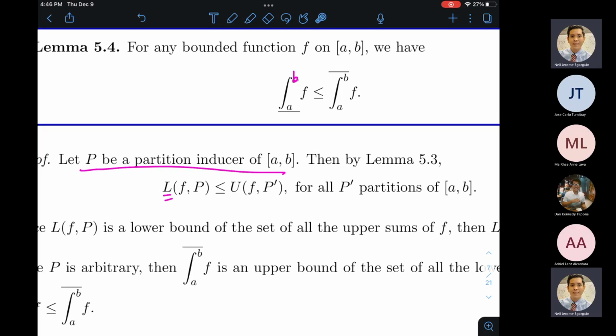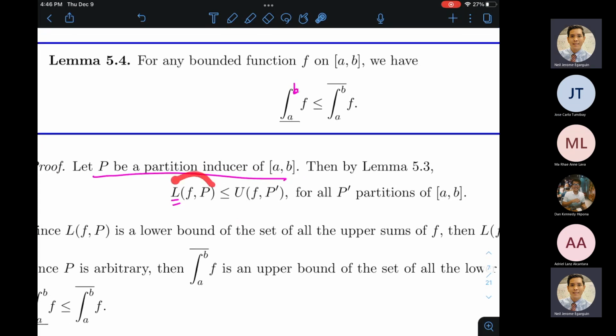Okay? So what have we said here? We are saying that LFP, right, the lower Riemann sum of F relative to the partition inducer P is a lower bound para sa lahat ng upper Riemann sums. Right? Kasi sabi natin siya ay less than or equal sa UFP prime for all partition inducers P prime.